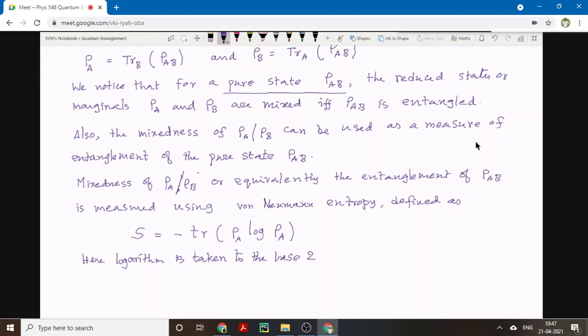Okay, so this could be rho A or this could be rho B, or equivalently you can write this as minus trace of rho B log rho B.